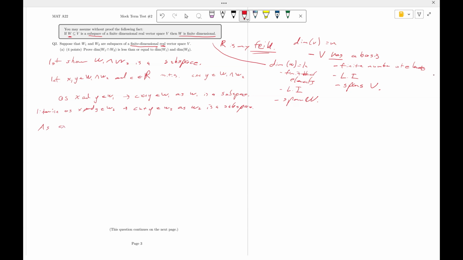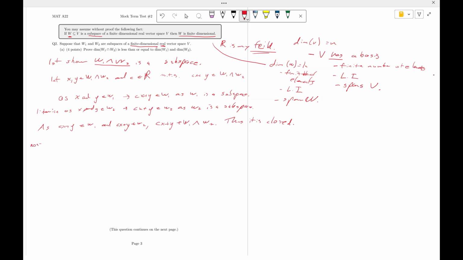As Cx plus Y is in W1 and Cx plus Y is in W2, Cx plus Y is in W1 intersect W2. Thus it is closed. I have shown closure, but I have not shown non-empty. I need to show that it's non-empty.